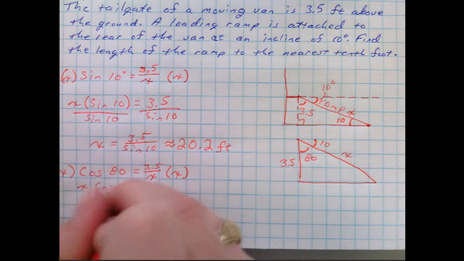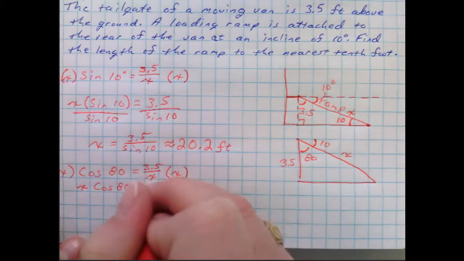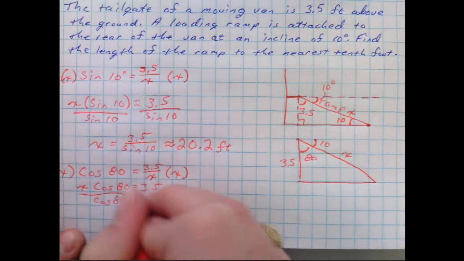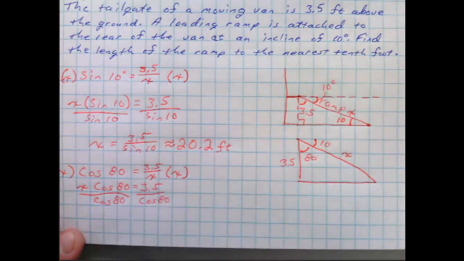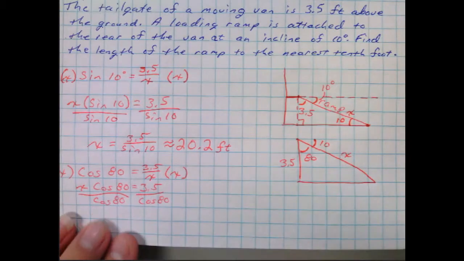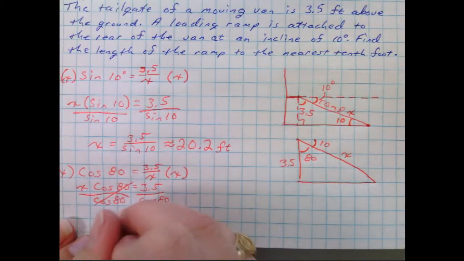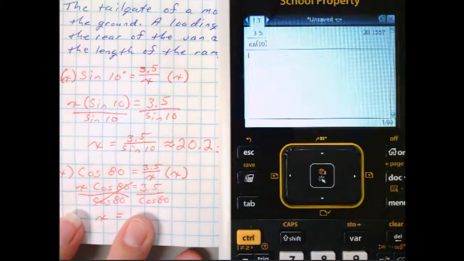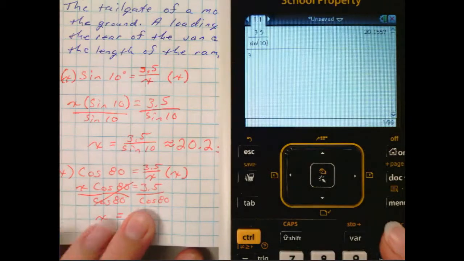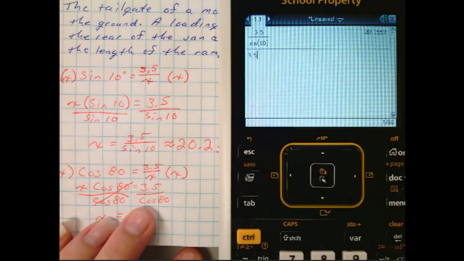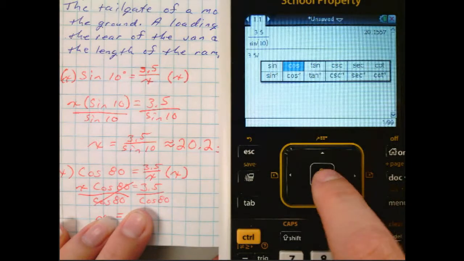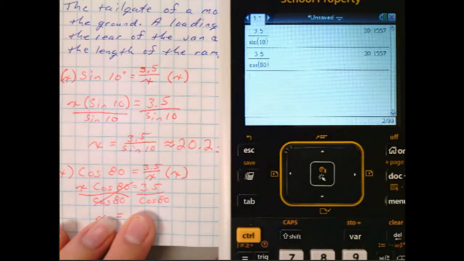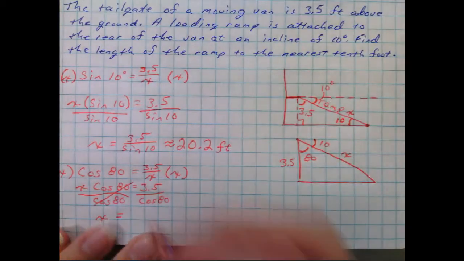So x cosine of 80 equals 3.5, and then dividing by cosine of 80 on both sides. These cross out, we're left with x equals, we're going to punch it into our calculator again. 3.5 divided by, this time we have cosine of 80, and hit enter, and we come up with the exact same answer, which is 20.2.